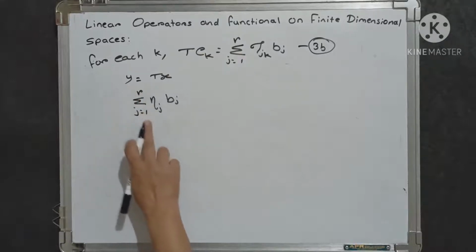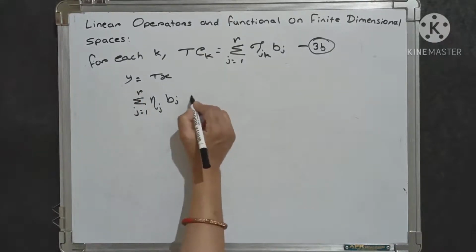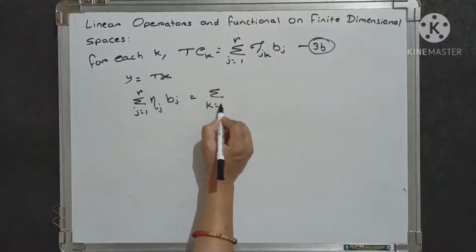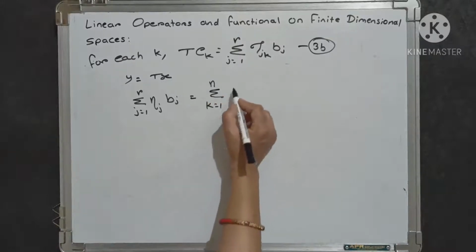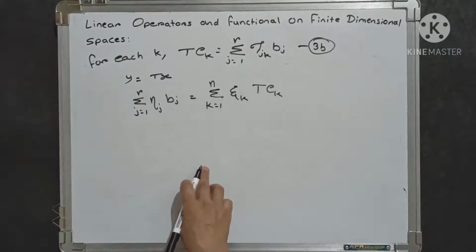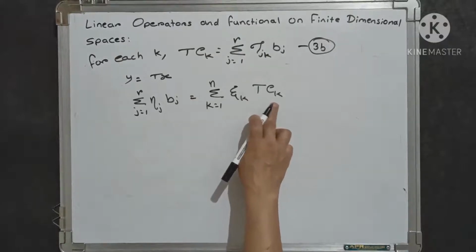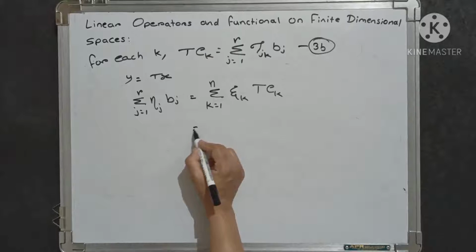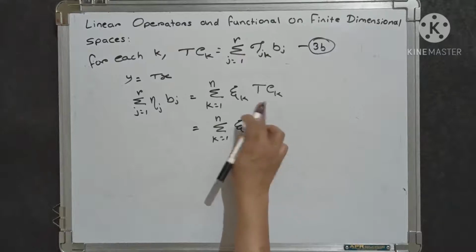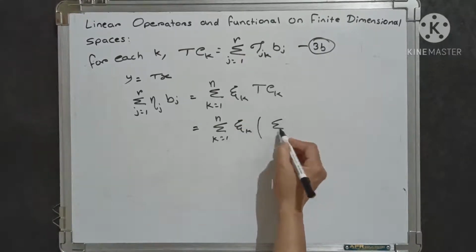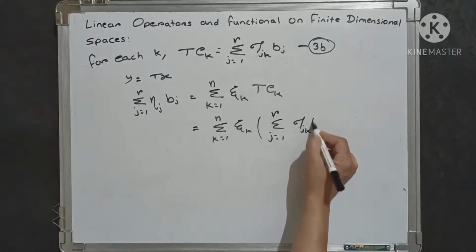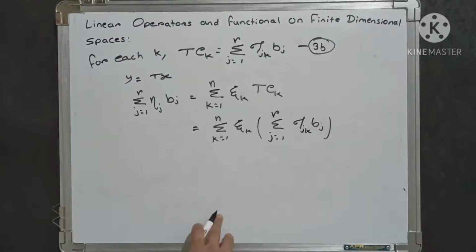This is the value of y from equation 3A, and it equals, now we are putting the value of Tx, the summation, k running from 1 to n, of ξ_k T e_k. Now again we are putting the value of T e_k from equation 3B, that equals the summation over k from 1 to n of ξ_k, and the value of T e_k we keep in brackets, the summation j from 1 to r of τ_jk b_j.